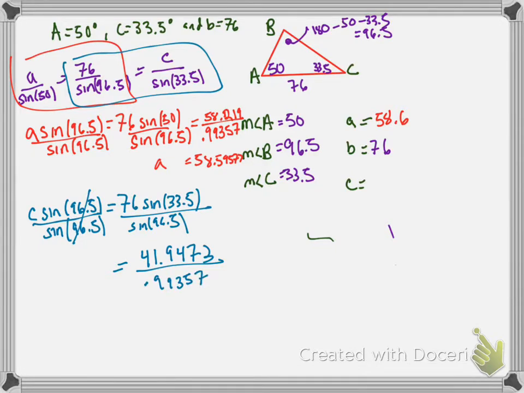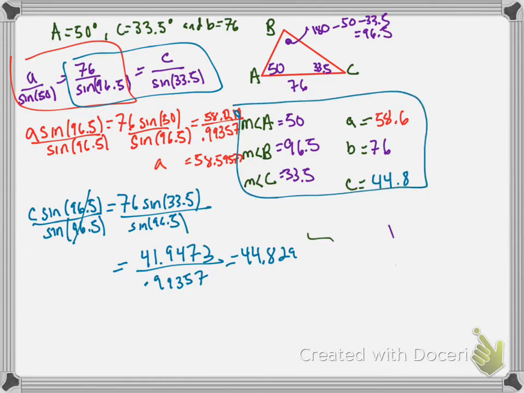I don't know why I had to put that in again. It's the same one from above. So 41.9473 divided by 0.99357 gave me 44.829. So C is 44.8.